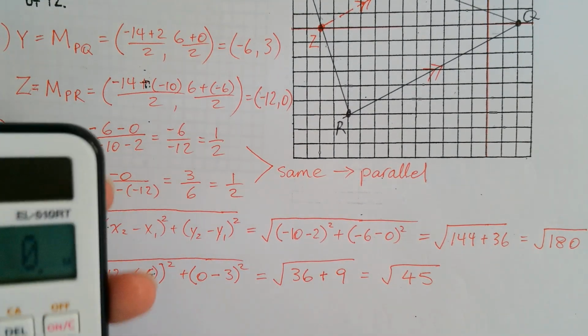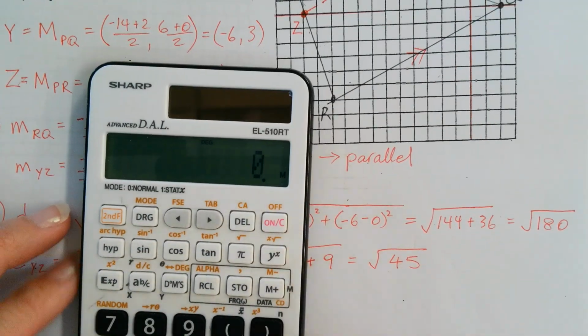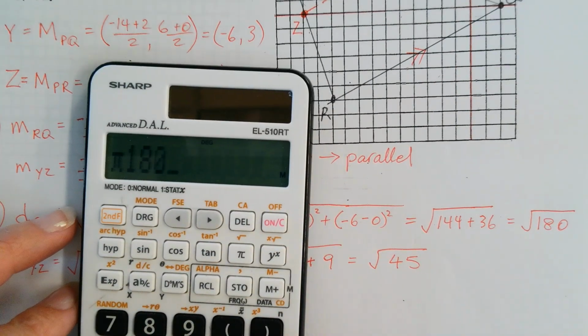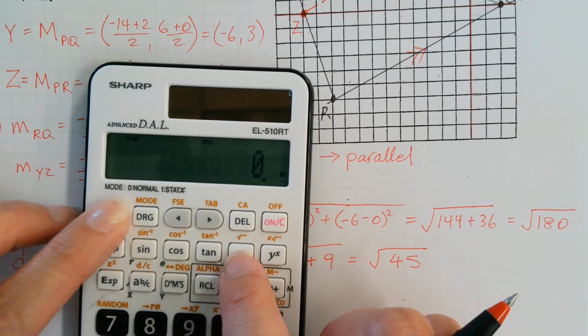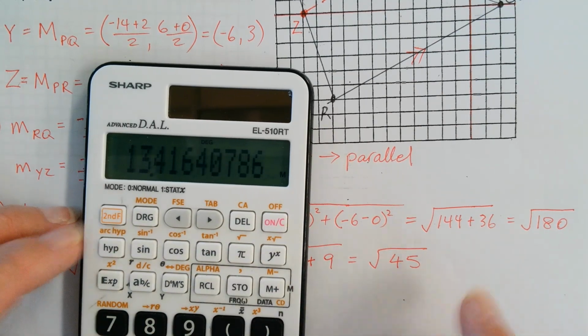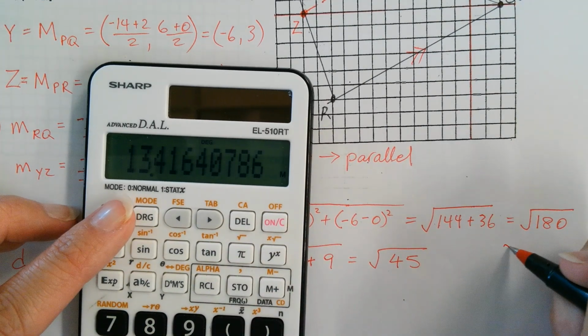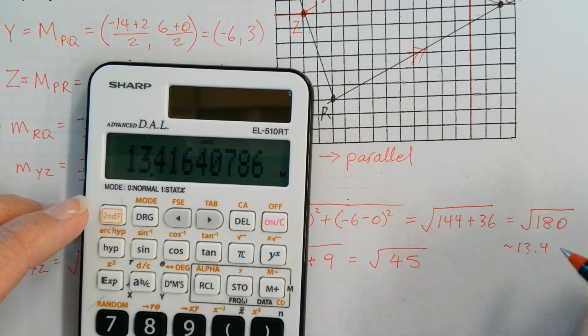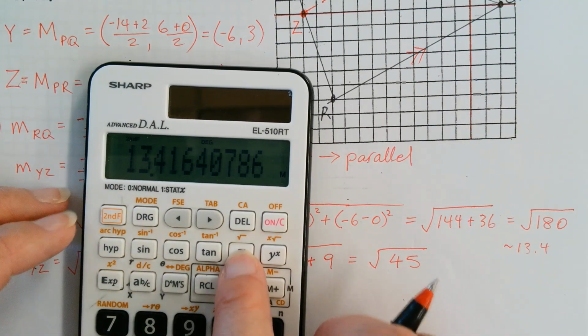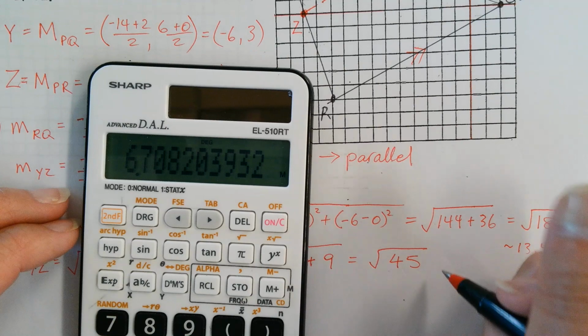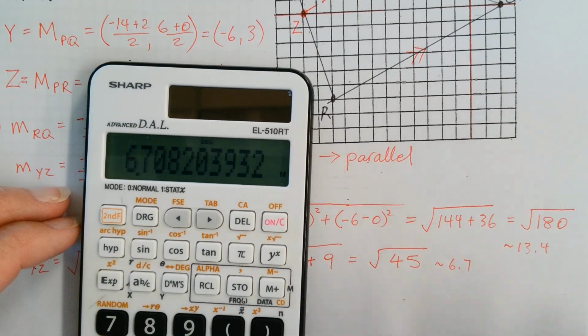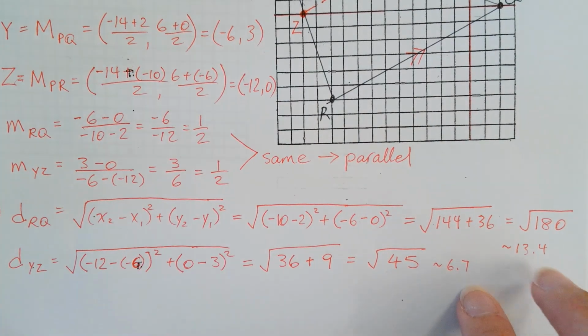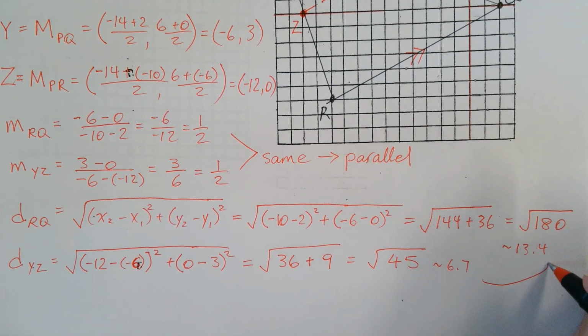Well, if you check, actually, square root 180 is about 13.4. Square root 45 is actually about 6.7. So are they double of each other? Yeah, they are. So it is doubled.